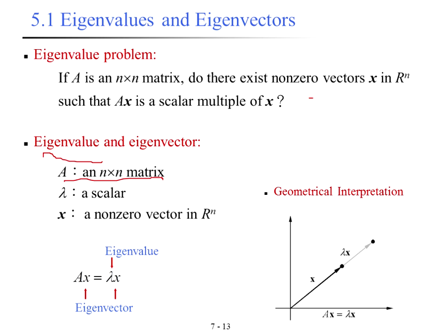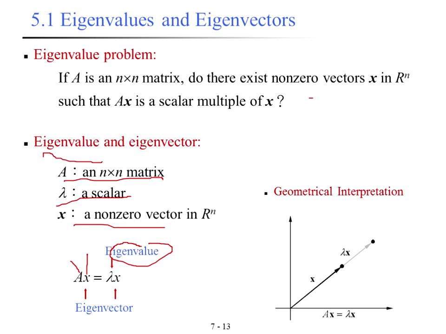A is defined as a matrix, lambda is a scalar, and x is a non-zero vector. If an equation is written like this, Ax equals lambda x, then A is a matrix, lambda is an eigenvalue and x is an eigenvector. So if anything is written like this, it means eigenvalue and eigenvector.